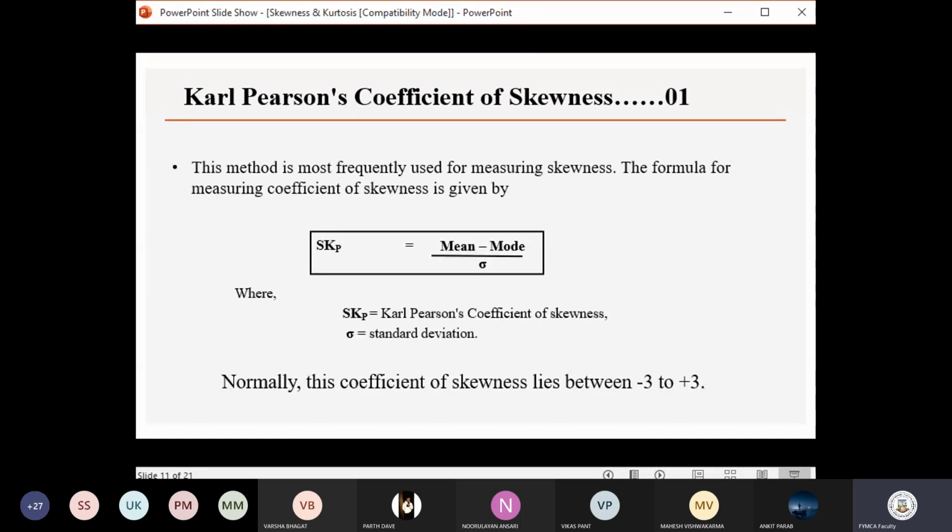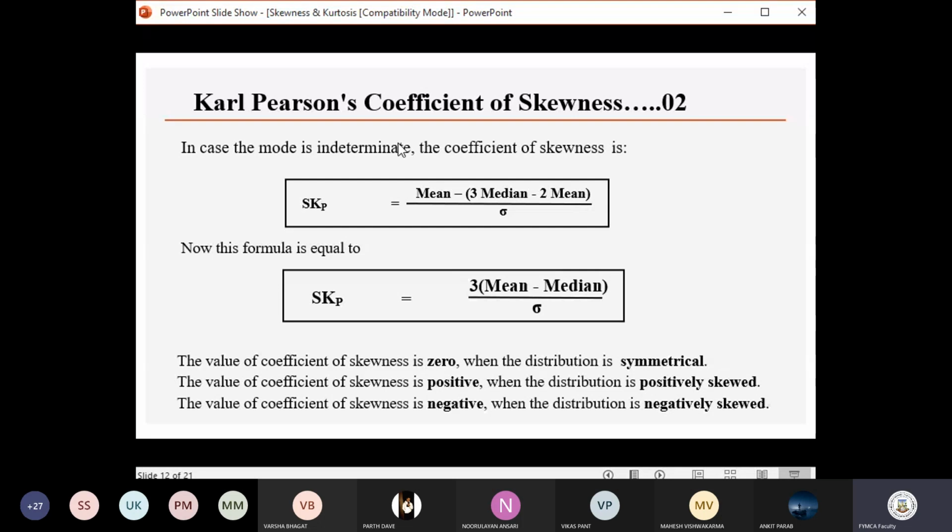Now if you remember your empirical formula, since it is skewness, that means the case of asymmetry, then I can use the empirical formula, that is the relationship between mean, median, mode, and on the basis of that I can derive this case, that is mean minus 3 times median minus 2 mean, if you recall your empirical formula.